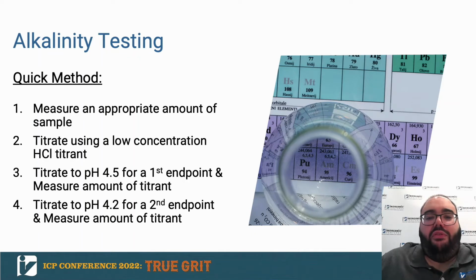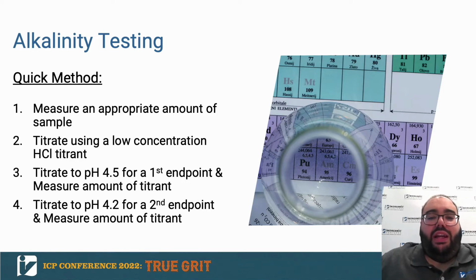Okay, now that we've reviewed water hardness, we're going to dive into alkalinity testing. I just wanted to review our quick method that we'll use in the lab when we need to certify a product for alkalinity. So we'll walk through our quick method here. The first step is to measure an appropriate amount of sample.